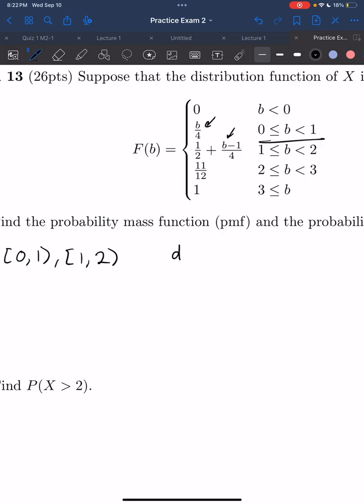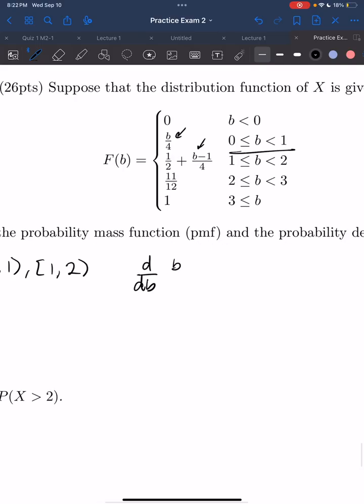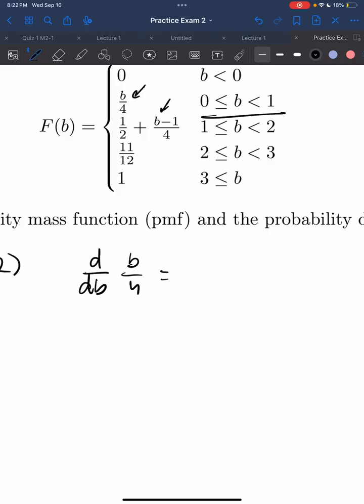So for this, our first one for 0 to 1 is d dB of b over 4, and that would be equal to 1 over 4.